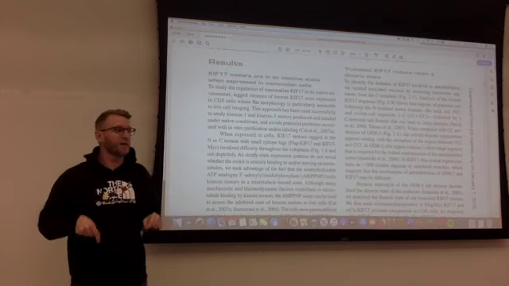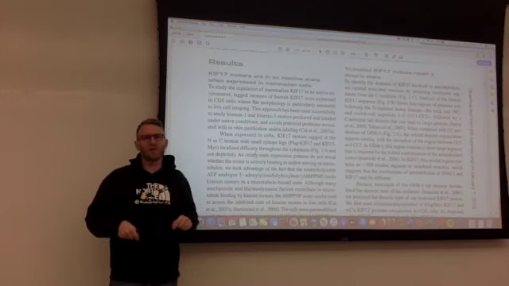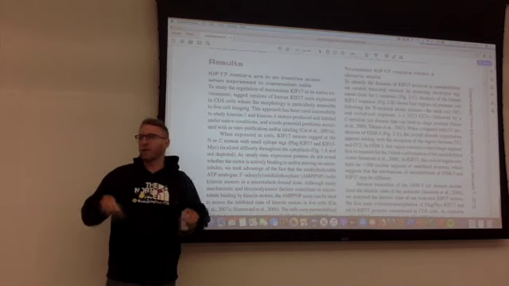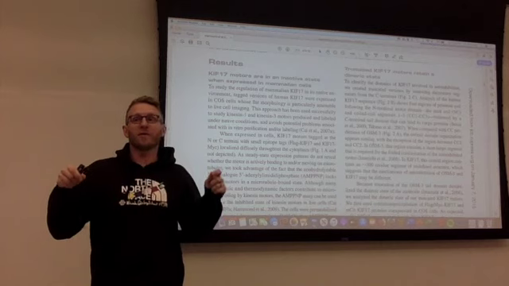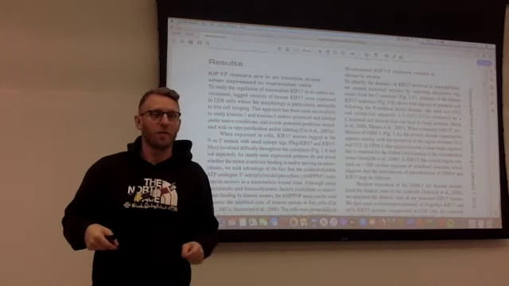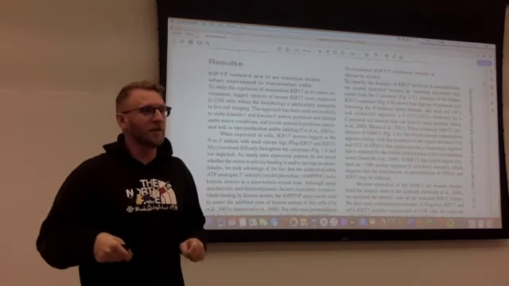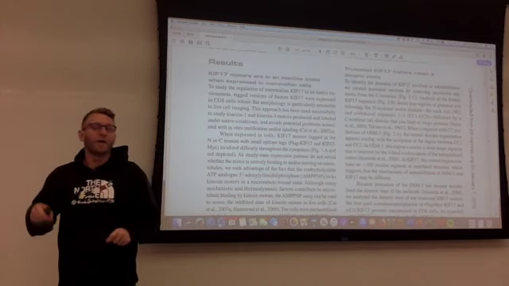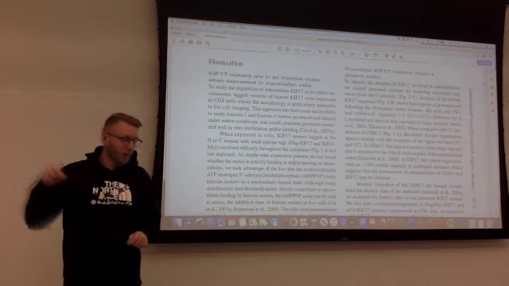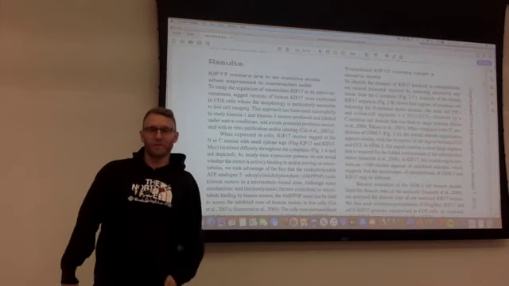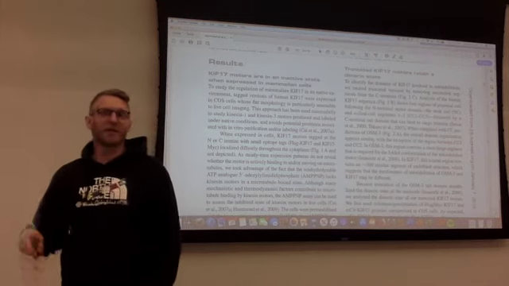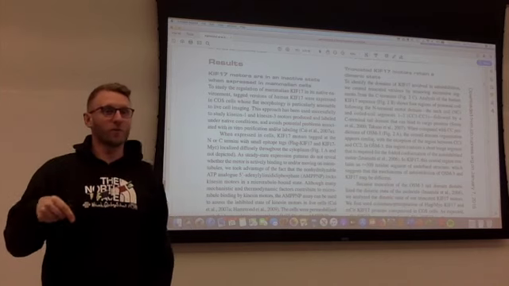If I don't see that as the first sentence of each of your subsections, I question whether or not you actually understood the purpose of each step, right? Because it is a multi-step process, so you better have that in it. I will tell you right now, that is the first thing I look for when I read your paper, because that tells me whether or not you really understood what was going on.